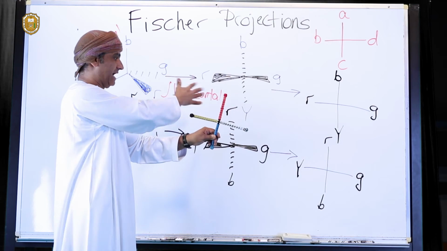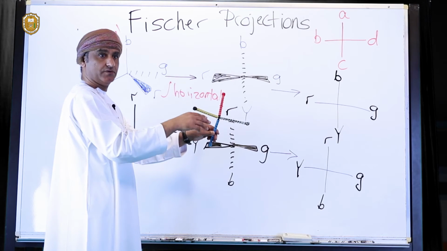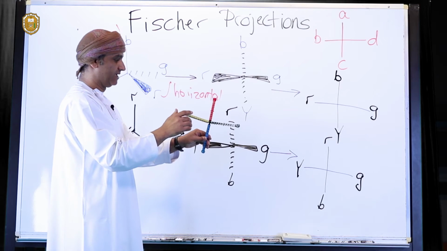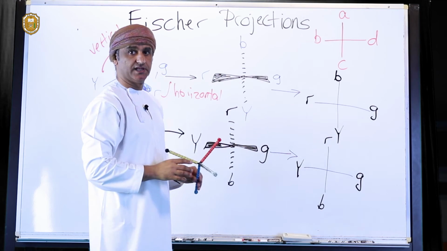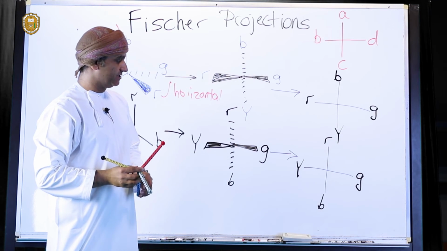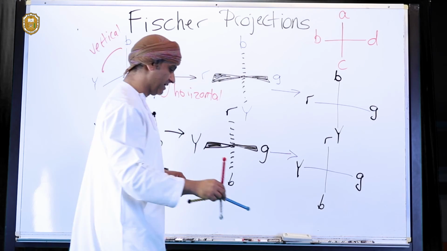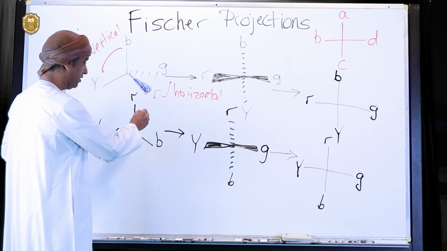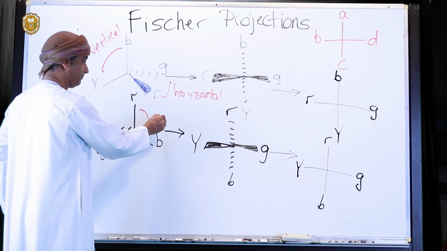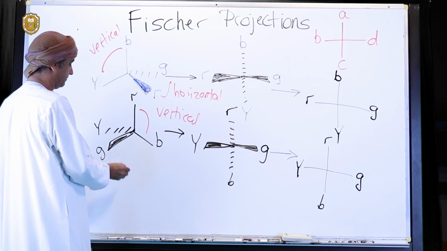So these two bonds at the back are R and B, red and blue, with green and yellow at the front. Then we flatten this up just like we did before, so that we get solid lines, and that's the Fischer projection of this tetrahedral drawing. The bottom line, as we learned before, is that the bonds which were on the plane become vertical in Fischer projection.